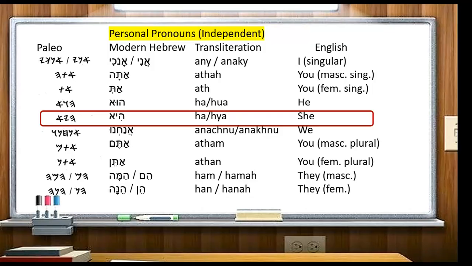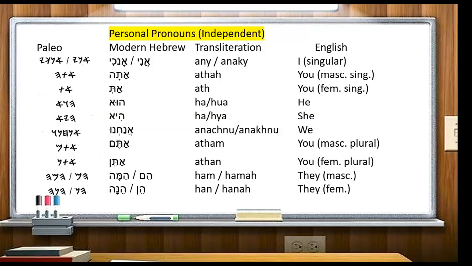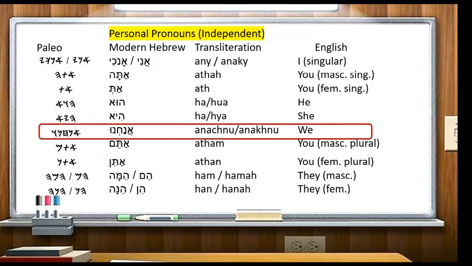All right. The next word we have is anachnu.